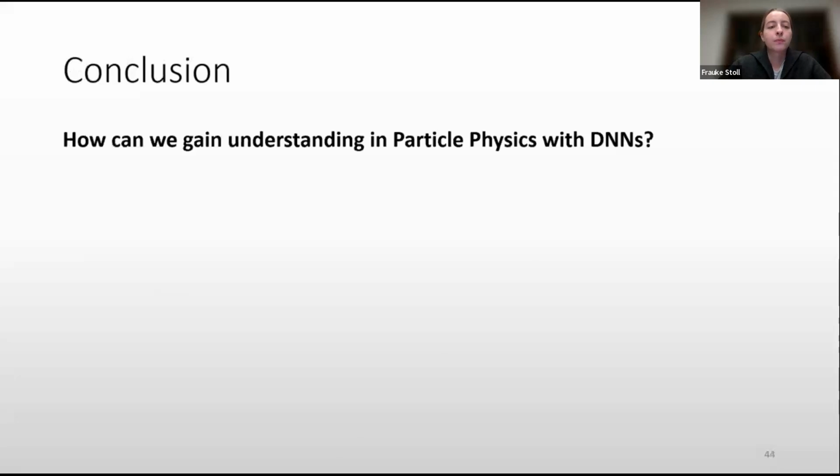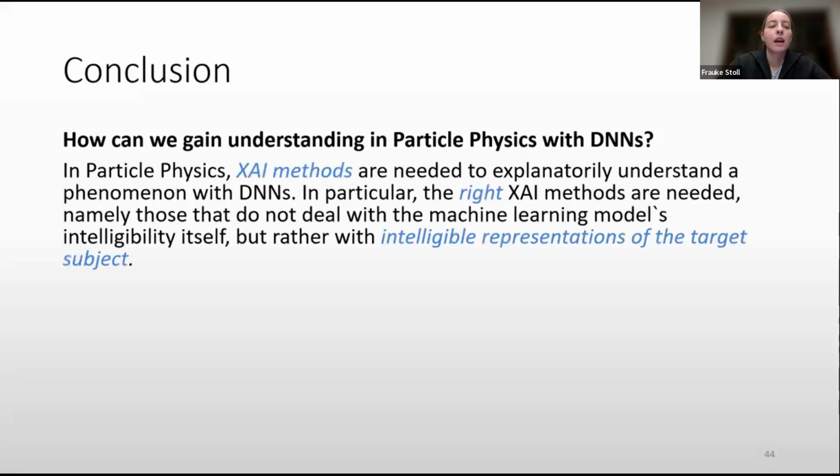And therefore, to conclude, how can we gain explanatory understanding in particle physics with deep neural networks? So in particle physics, XRM methods are needed to explanatorily understand a phenomenon with DNNs. And in particular, the right XRM methods are needed. So those that do not deal with the machine learning model's intelligibility itself, but rather with intelligible representations of the target subject.